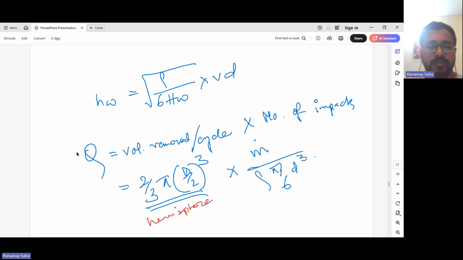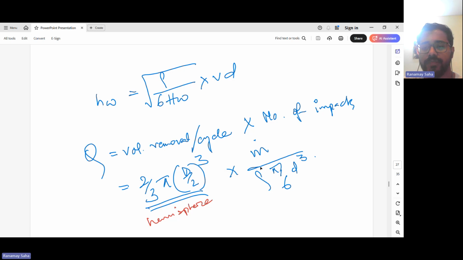So Q, the total MRR, then becomes volume removal per cycle multiplied by the number of impacts. Considering this is a hemispherical indent into the workpiece, the total volume removal can then become 2 by 3 pi r cube, or d by 2 cube, where d is the indent dia, and then you have mass flow rate upon density rho multiplied by pi d cube by 6, which is actually giving you the total number of impacts.